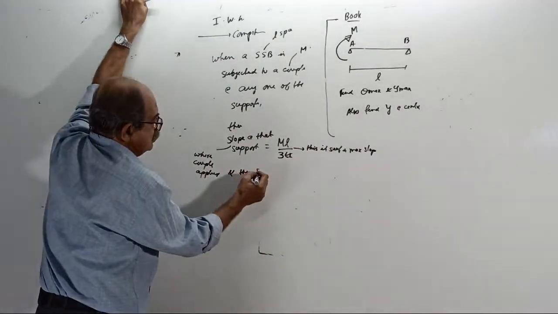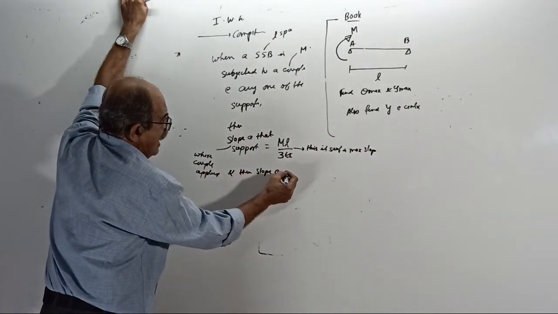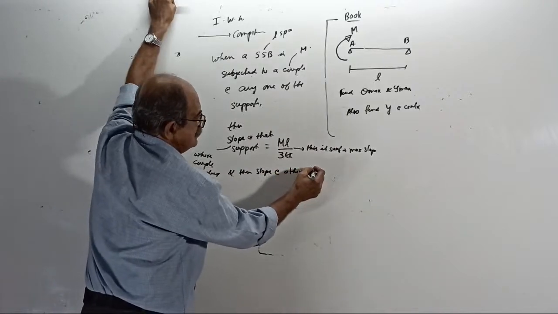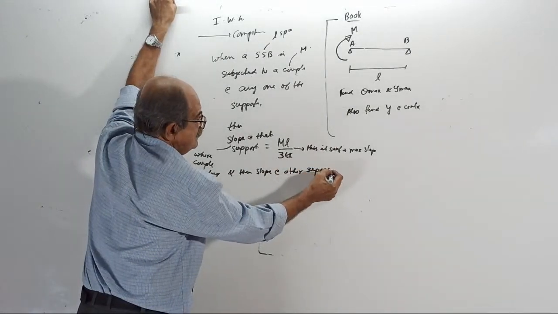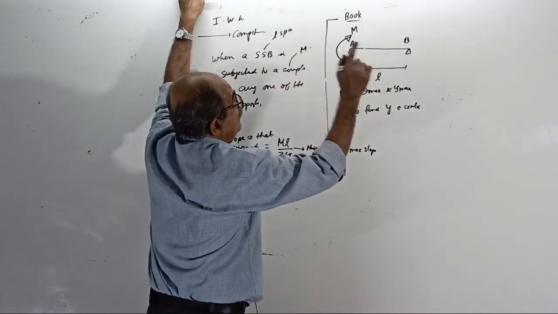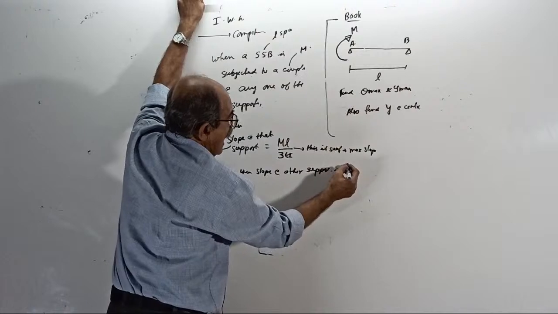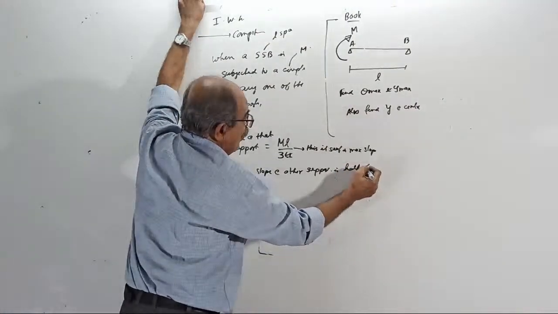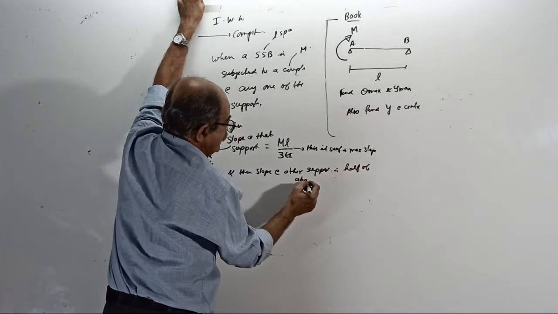Then the slope at the other support. If the couple is at A, find the slope at B. If the couple is at B, the slope at A is half of the above value. How much, tell me?